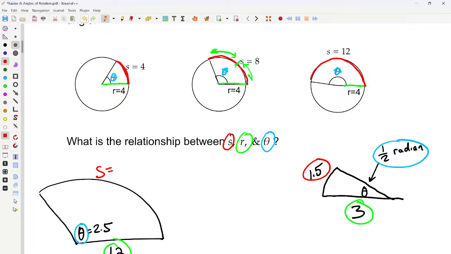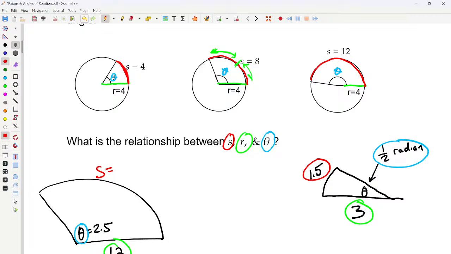4, 4, 12. If the radius is 3 and you only did 1.5 of these, let me rephrase that. You didn't do 1.5. You did not even a full one. You did half a one. Okay, yeah. So 3 times a half would be 1.5.